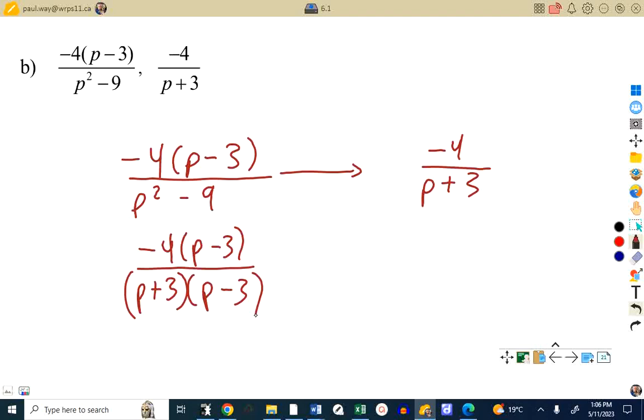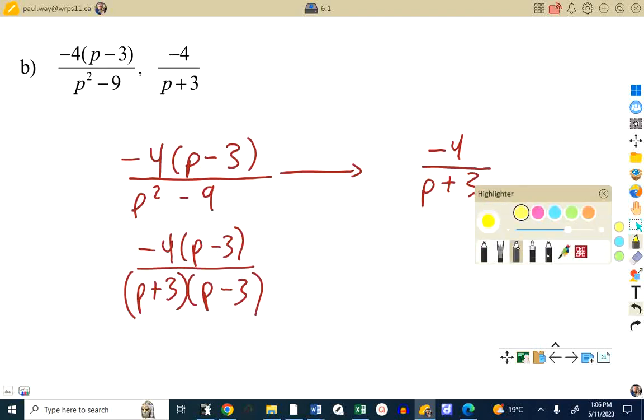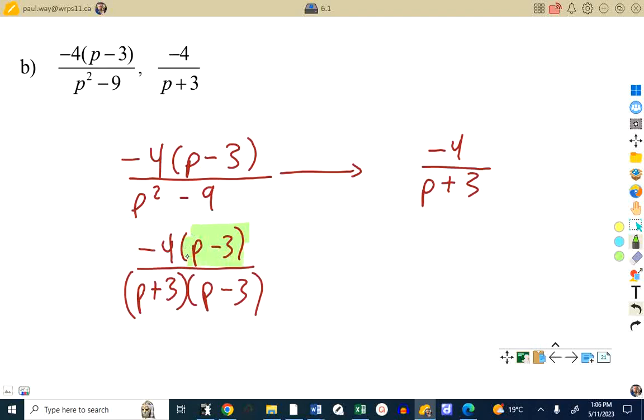Now this, and I think this is important to slow down and talk about. This is a factor of the top. This is a factor of the bottom. Where did they go? Poof. Where did they go? What mathematical operation happened here? They canceled.